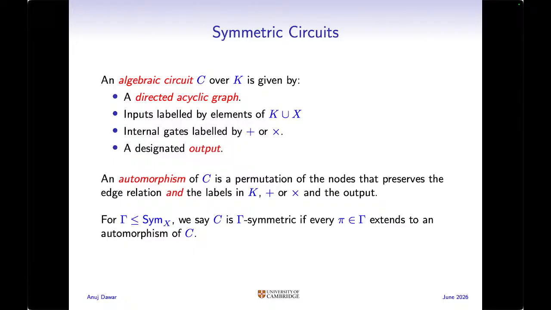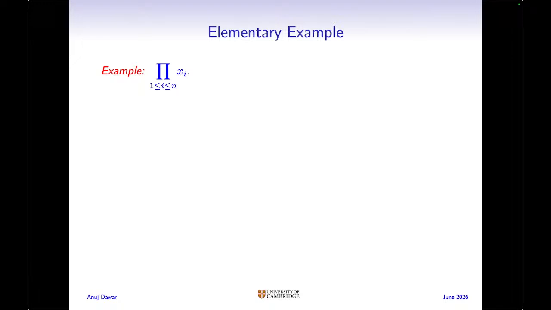So clearly, if you have a circuit which is gamma symmetric, then the polynomial it computes is gamma invariant, right? That's sort of immediate. The converse is obviously not true, and here's a kind of trivial example.